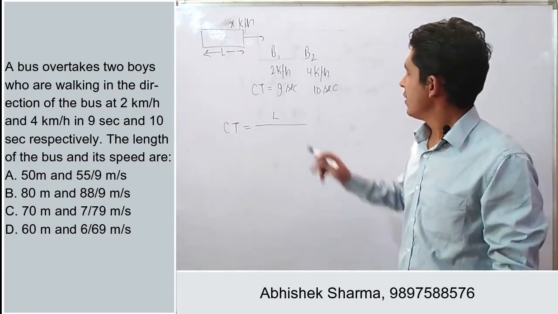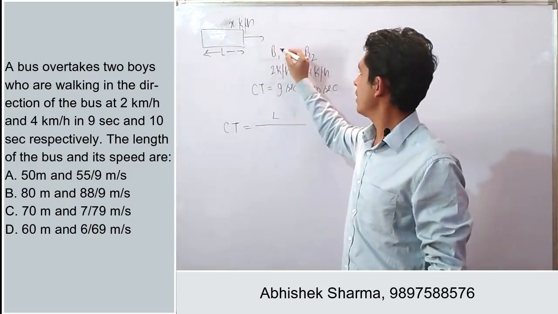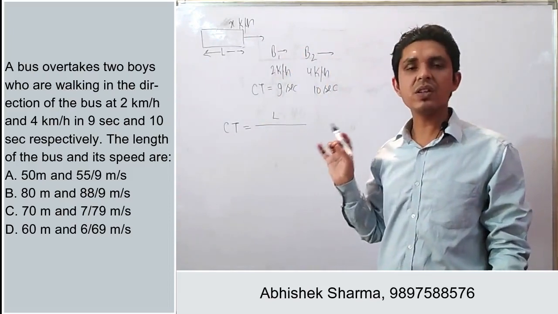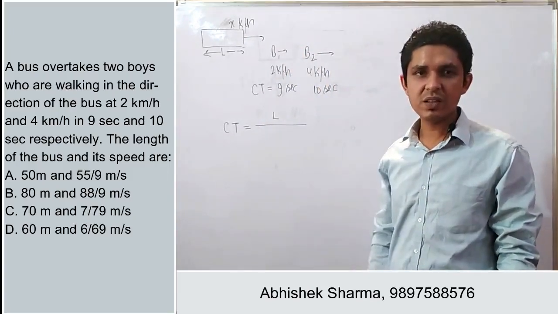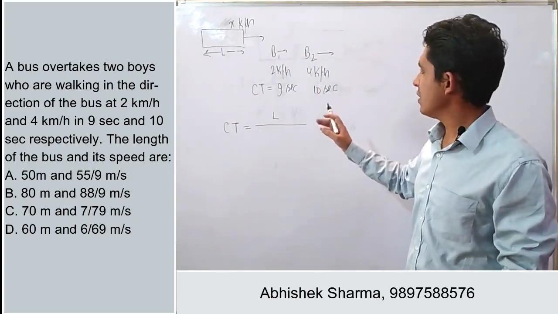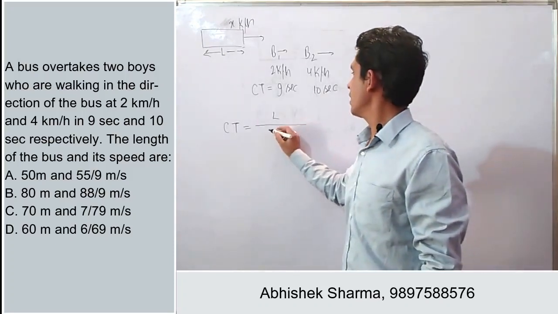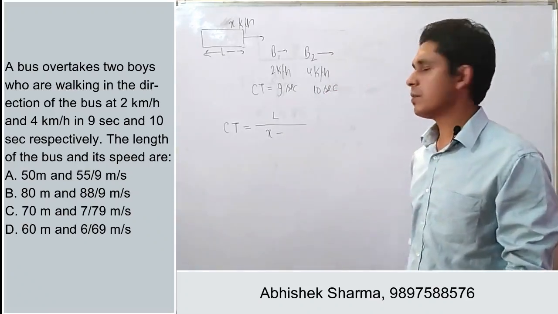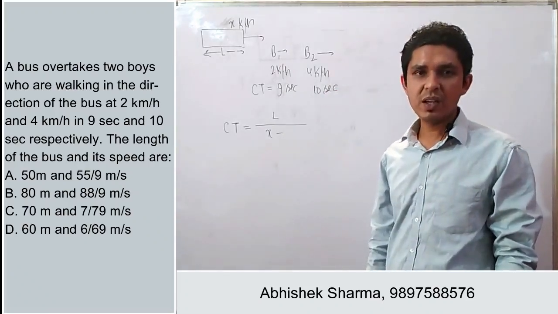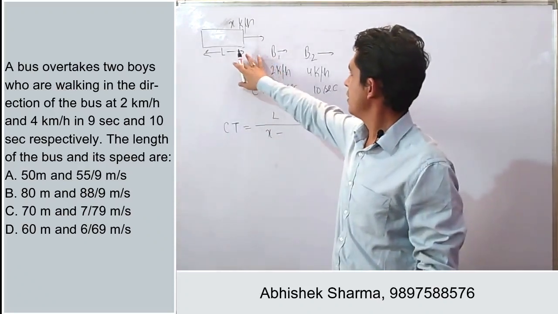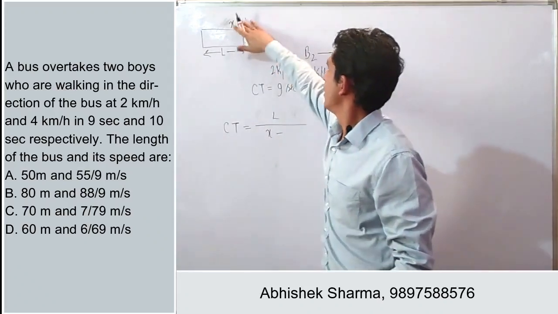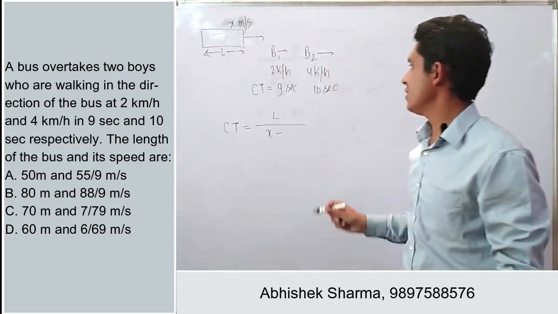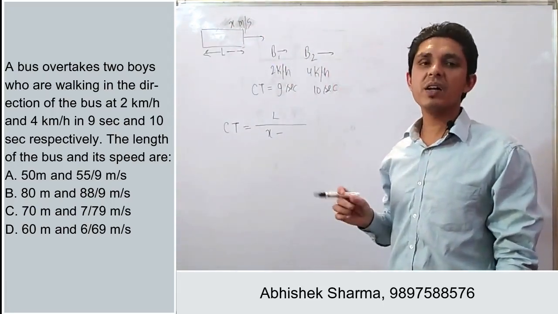Now, the bus is overtaking two boys, that means the bus and boys are moving in the same direction. So for calculating the relative speed, we have to subtract 2 km per hour from x km per hour, and this is in meters, so x meter per second, and convert 2 km per hour into meter per second.